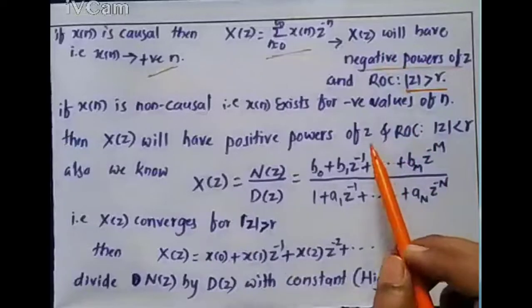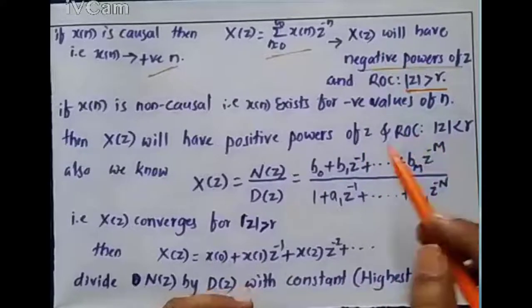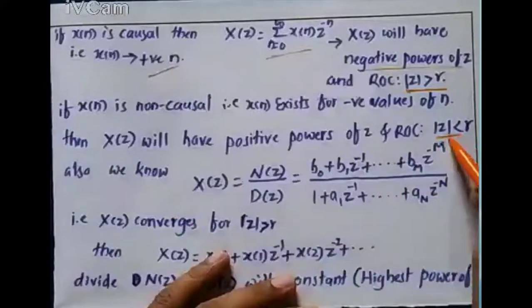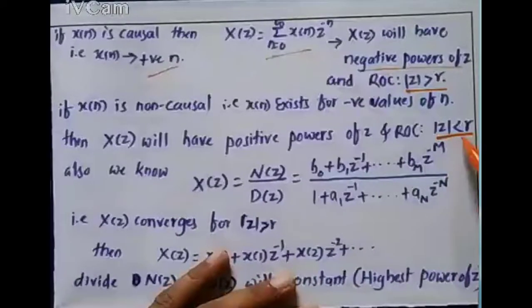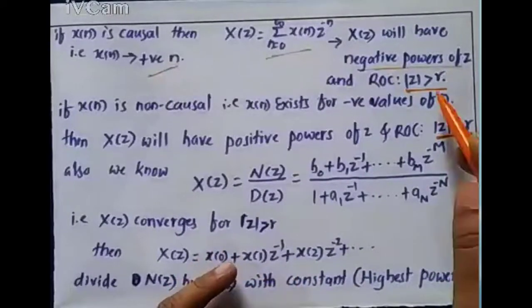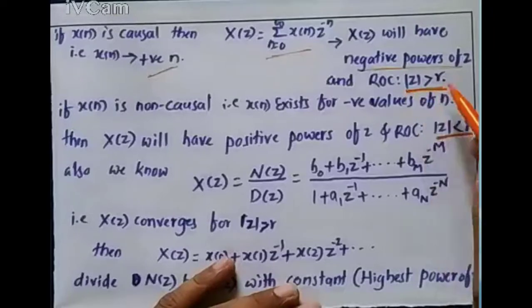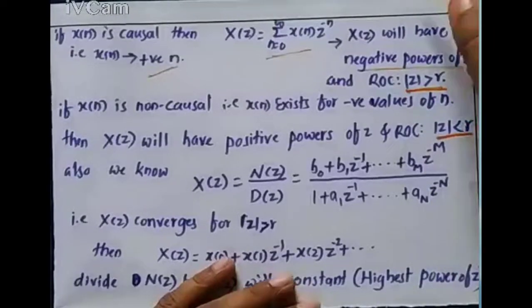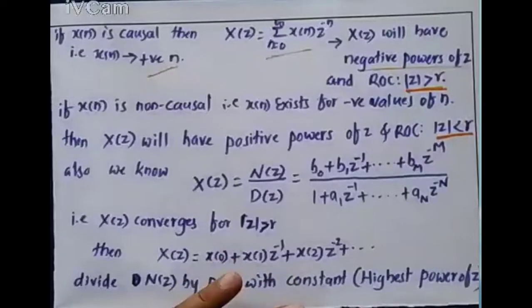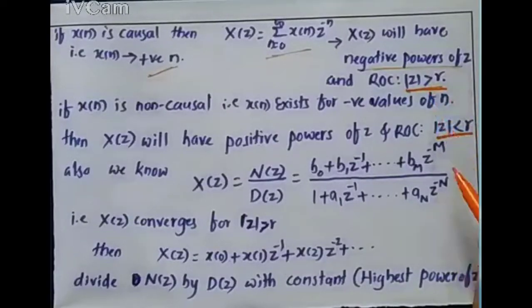The ROC for such x of z will be less than r. We solved some problems related to this ROC, like a power n u of n, and minus b power n, like b power minus n u of n, in that regard it will be less. Both of these constraints we have covered in the previous lecture.